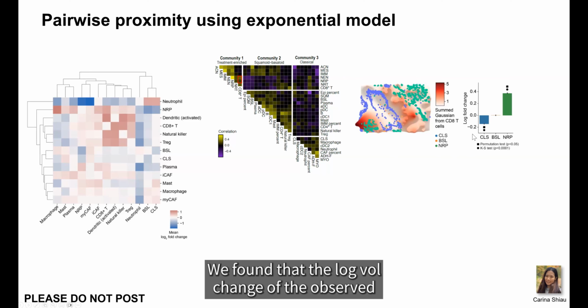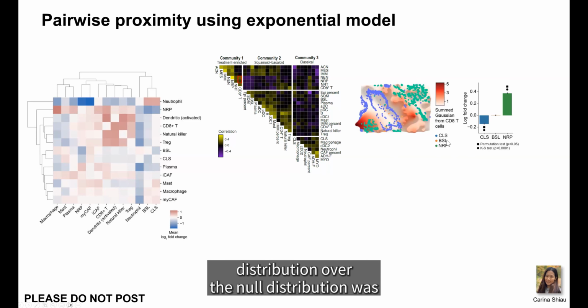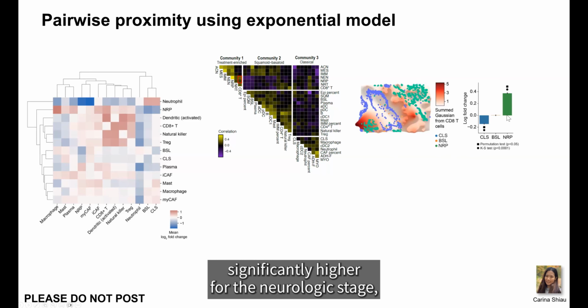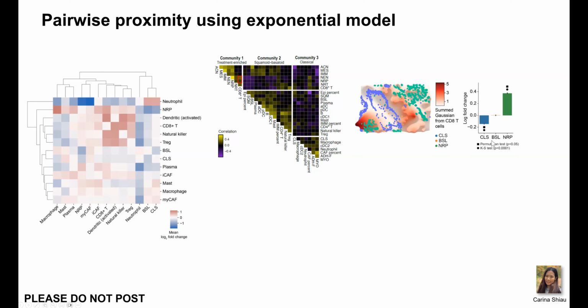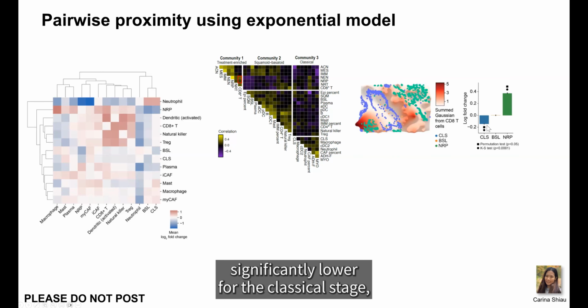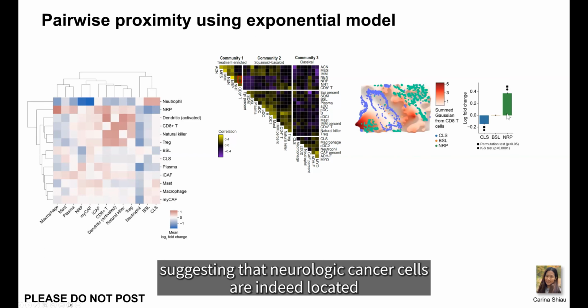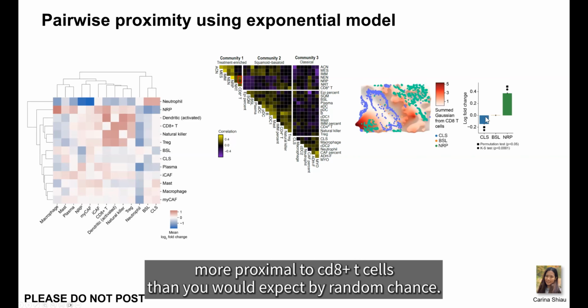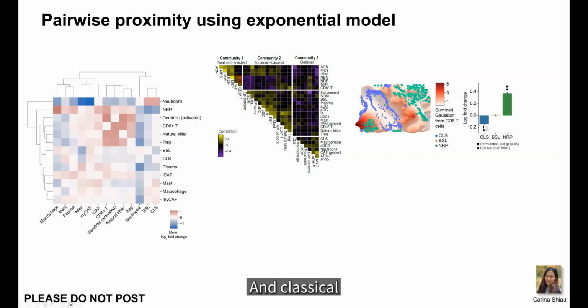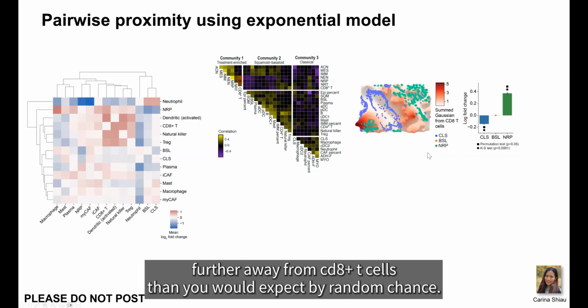We found that the log-fold change of the observed distribution over the null distribution was significantly higher for the neuro-like state, and significantly lower for the classical-like state, suggesting that neuro-like cancer cells are indeed located more proximal to CD8 T cells than you would expect by random chance, and classical cancer cells are located further away from CD8 T cells than you would expect by random chance.